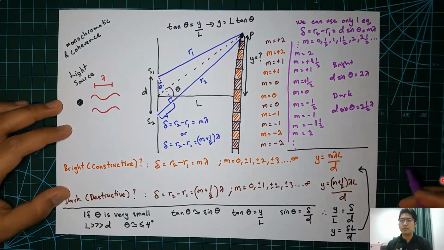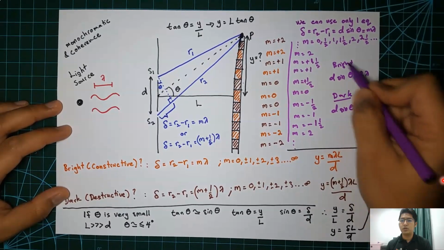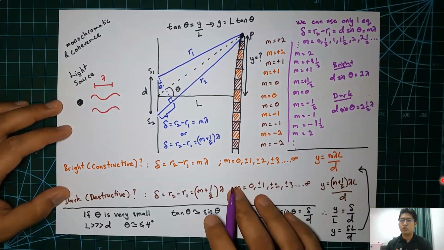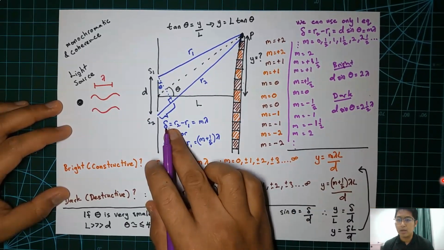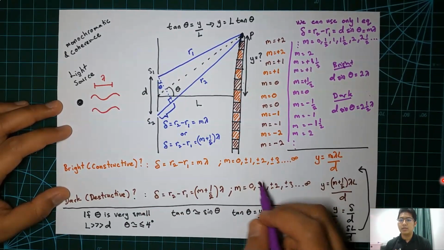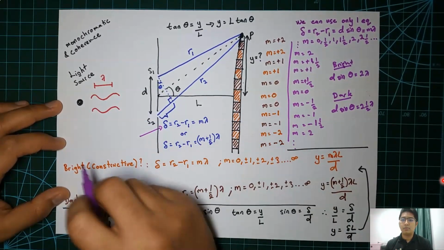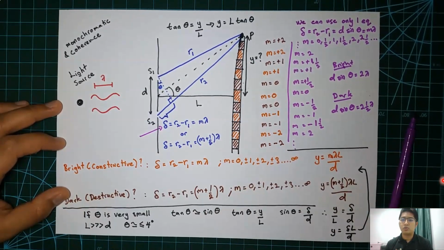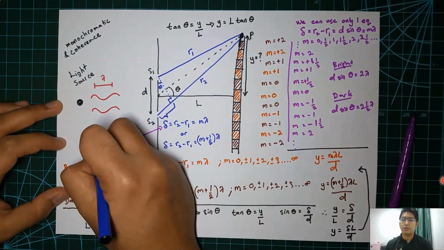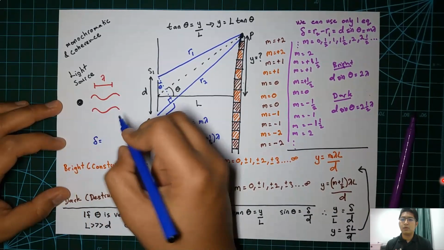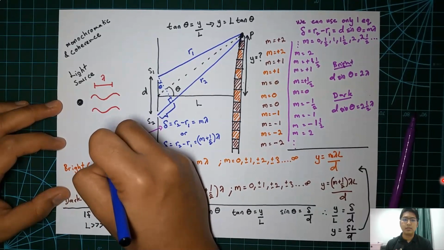That's the example for the bright fringe: d sine theta equals 2 lambda. For the dark fringe, d sine theta equals 2 half lambda. Half belongs to dark, the integer numbers belong to bright.